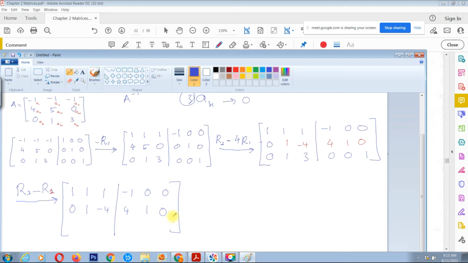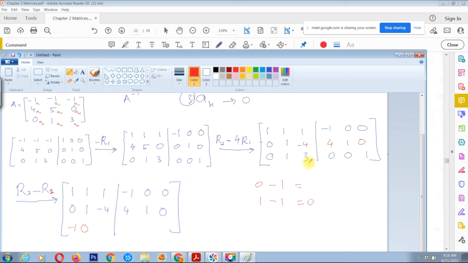If we put -1, what will happen? R3 minus R1: 0 minus R1, R1 is 1, so we get -1. Then 1 minus 1 will be 0. Yes, we get this 0.